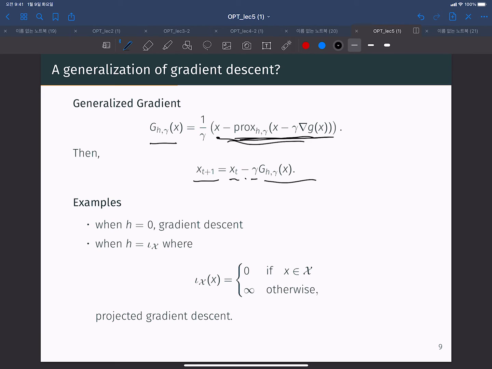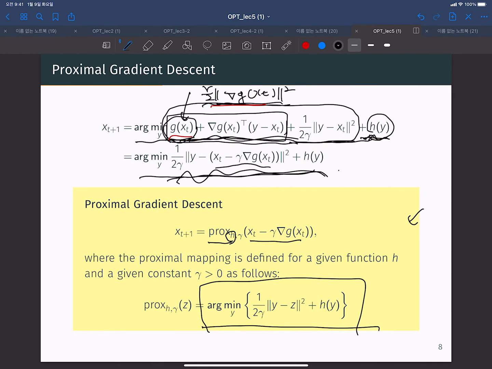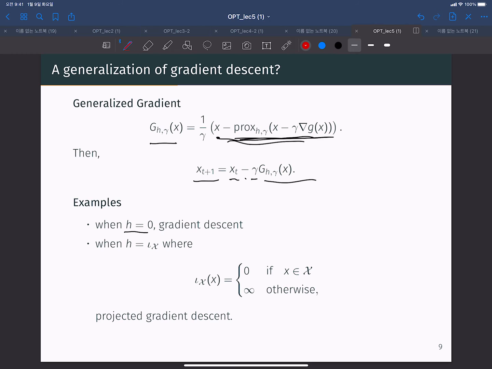When h is equal to 0, then this is the original gradient descent algorithm, because we don't care about any function h, so we can simply remove this part. Then we have exactly the same gradient descent approach.